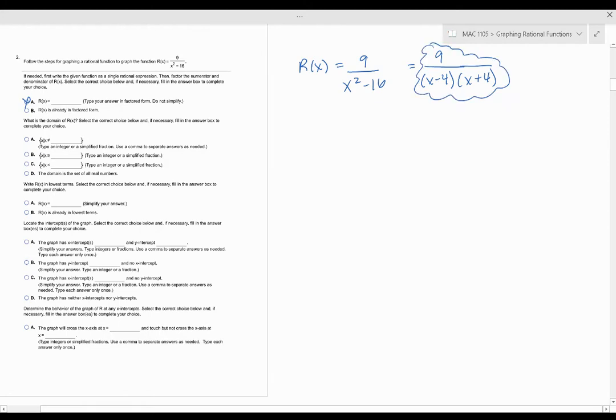All right, for the second portion, it says, what is the domain of r of x? Select the correct choice below, and if necessary, fill in the answer box to complete your choice. Okay, so if you're looking for the domain of a rational function, remember that the denominator cannot equal 0.